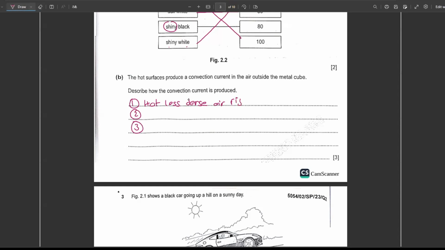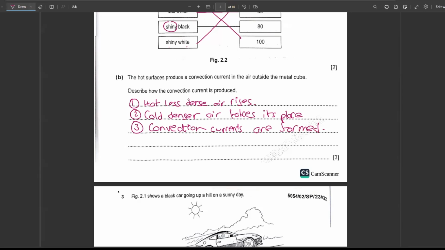Cold, denser air takes its place. Convection currents are formed. Simple as that.